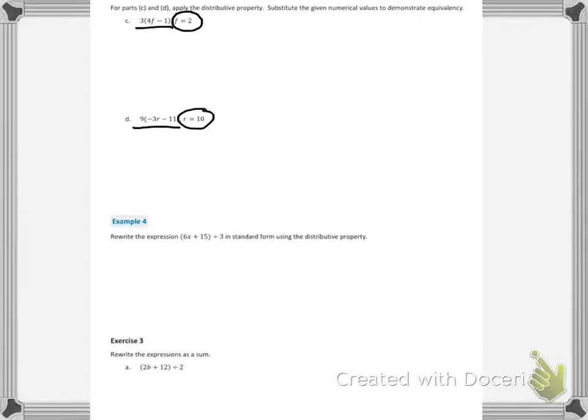Then you're going to plug in the 10 for R in both the original expression and the equivalent expression, just like we've been doing. No need for an array this time. Okay, so go ahead and try that on your own and come on back and we'll check it.